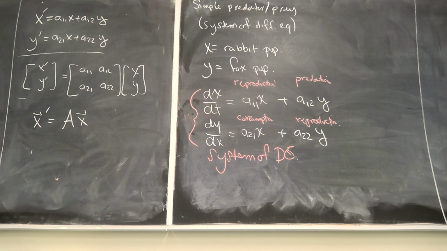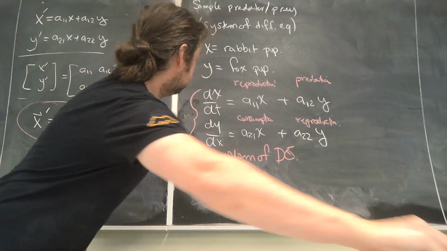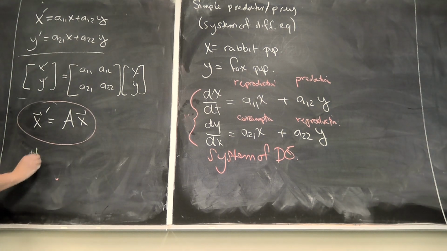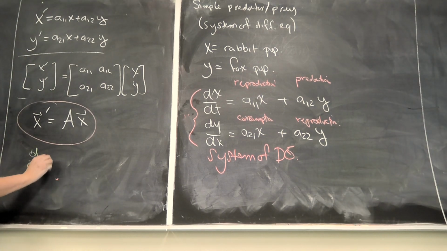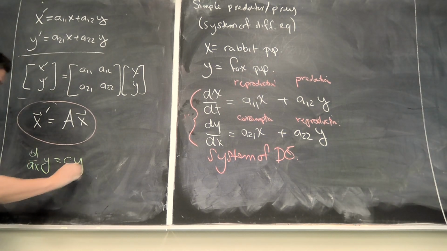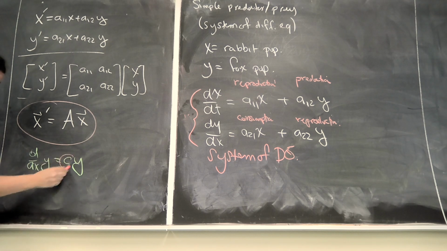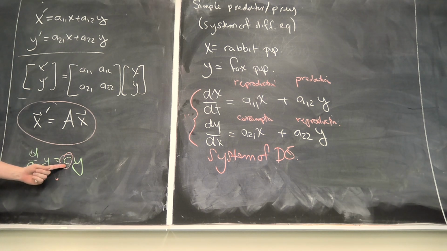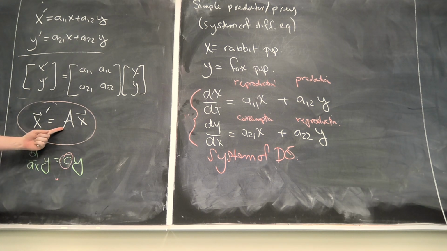So this vector setup is a way of recording a system of differential equations. And just like when we wrote down dy/dx equals cy, the solutions were determined by that constant value c. That matrix A is going to tell us what these solutions look like. So this matrix will tell us what the solutions to this sort of equation look like.